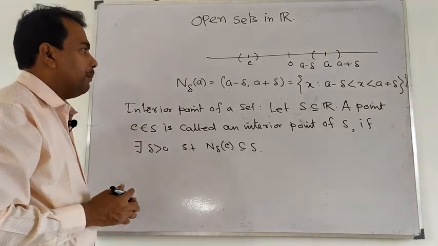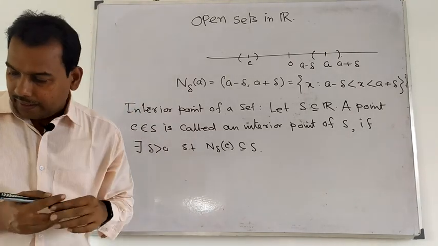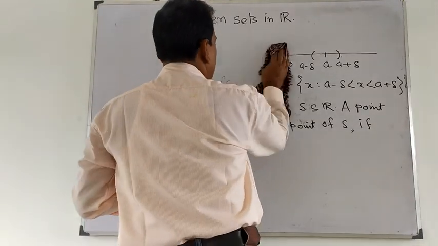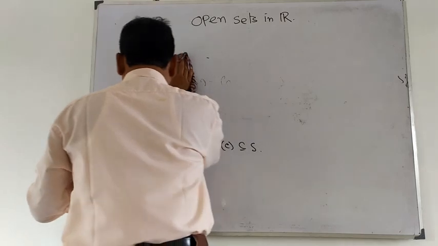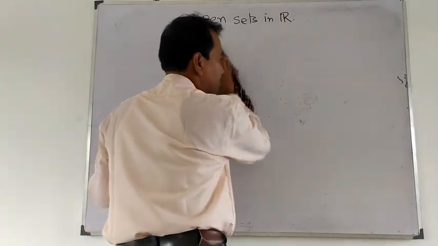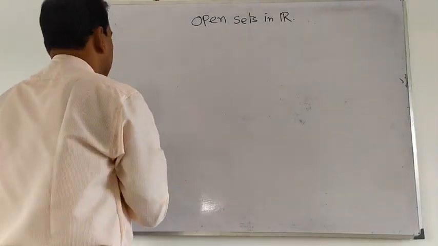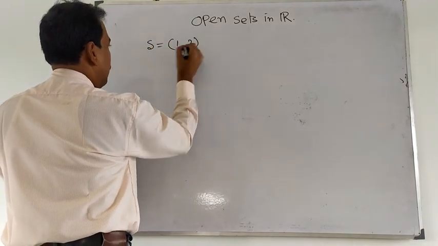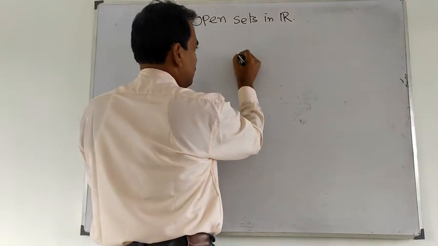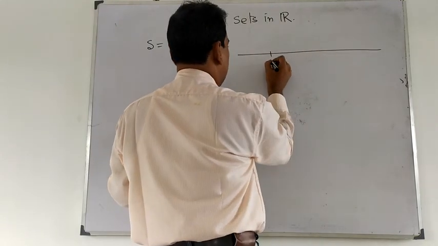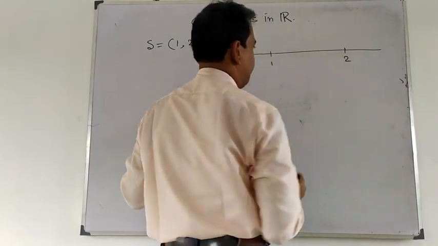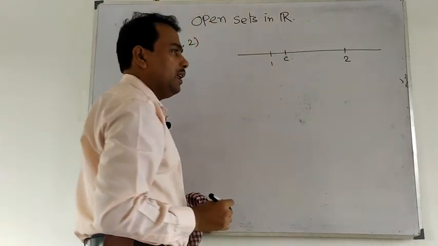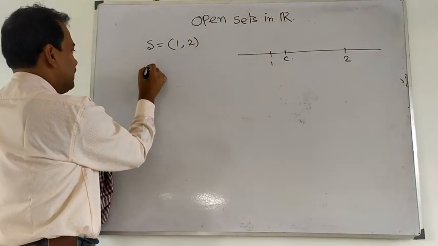We now give an example. Suppose we consider the open interval (1, 2). Suppose S is equal to the open interval (1, 2). Suppose this is 1, this is 2, and C is a point in the open interval (1, 2).